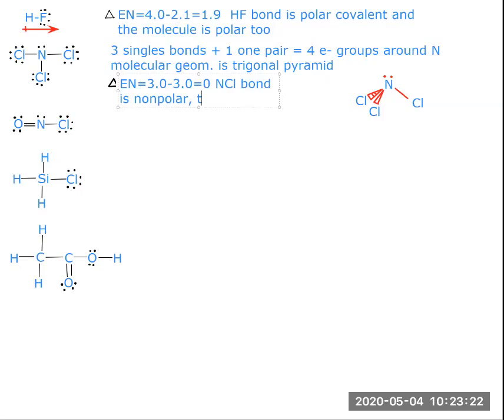So thus the molecule is not polar. It cannot be polar because you have no polar bonds. Okay, so that is for NCl3.